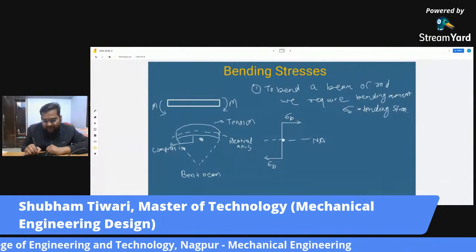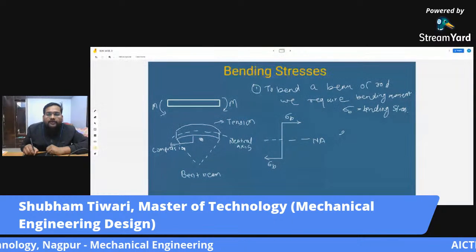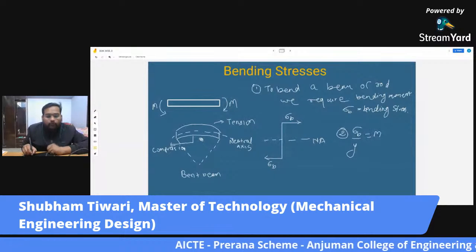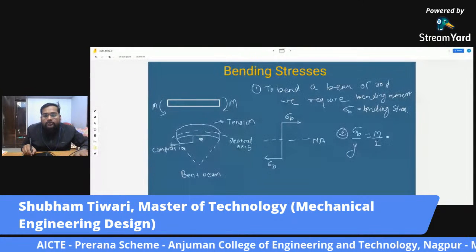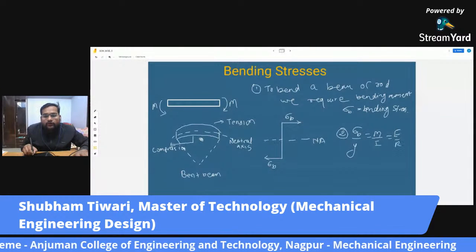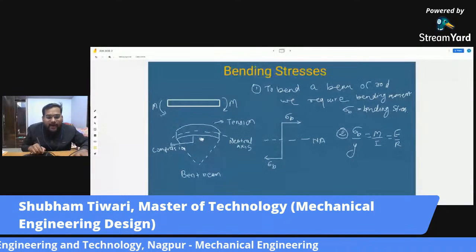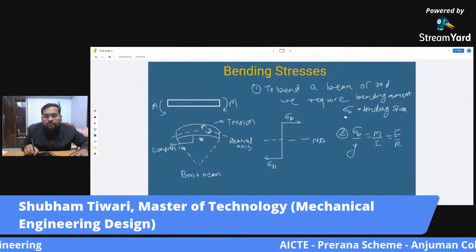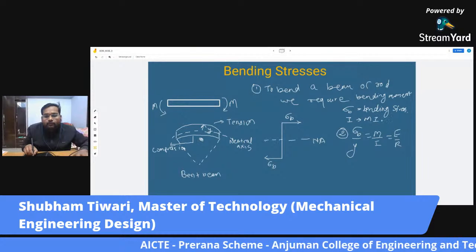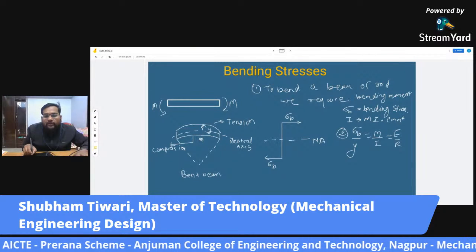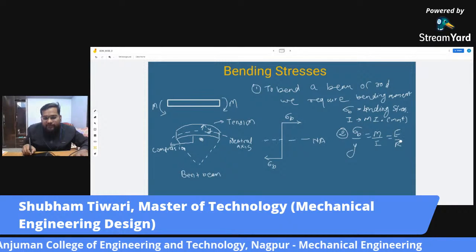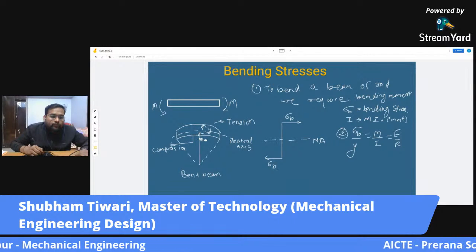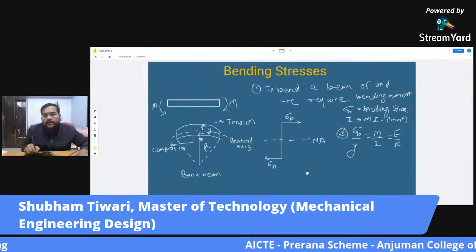I will describe the other things later, and to find this bending stress, we have this equation: sigma b by y equals M by I equals E by R. The interesting thing here is sigma b is bending stress, y is the distance of your layer from the neutral axis, I is the area moment of inertia in mm to the power 4, E is modulus of elasticity, and R is the radius of curvature.